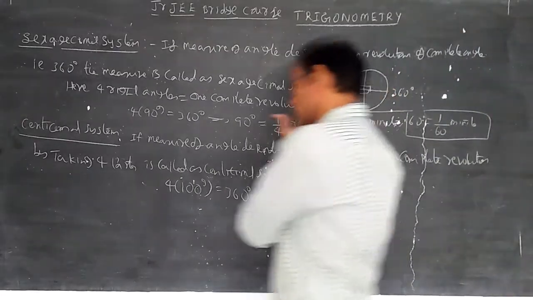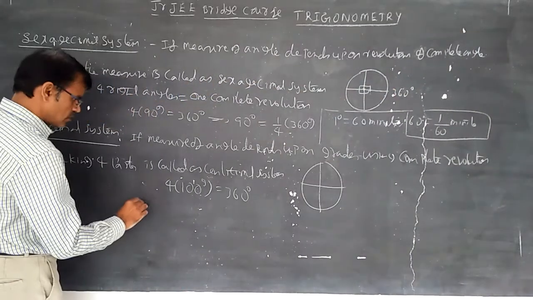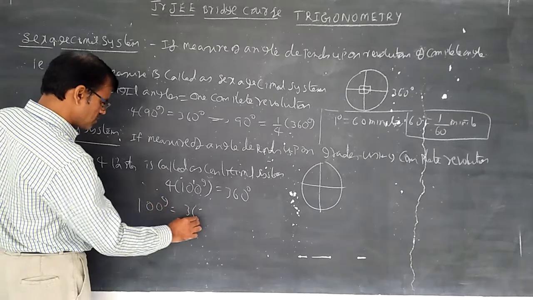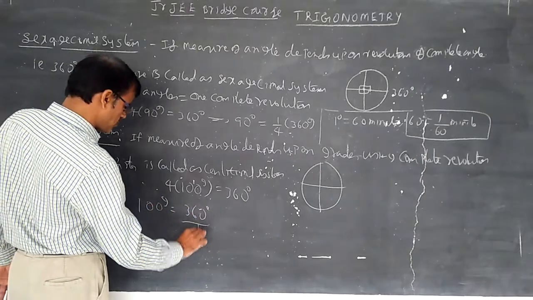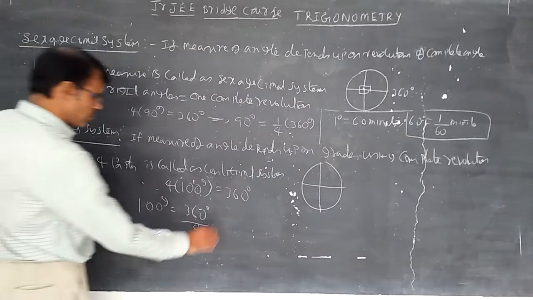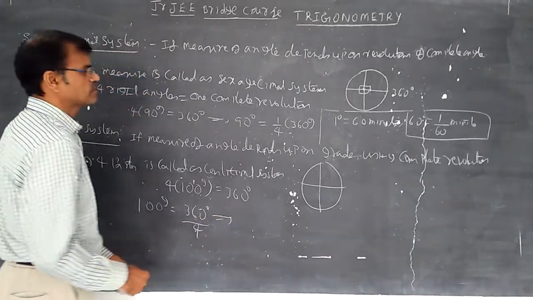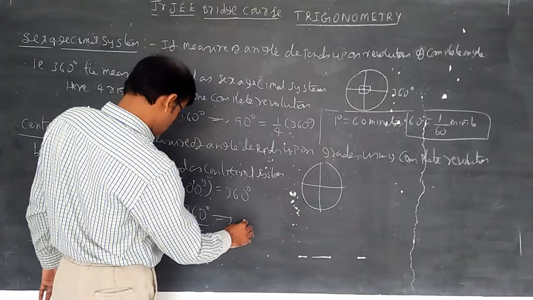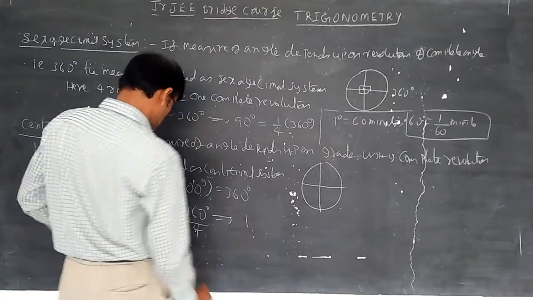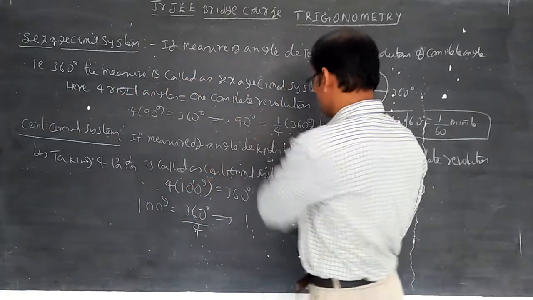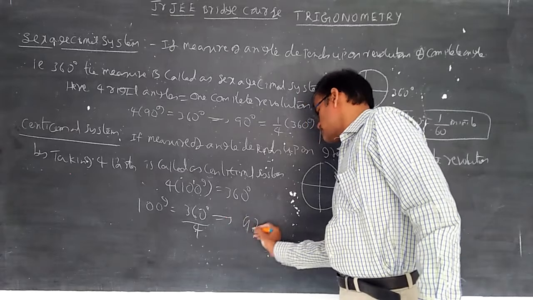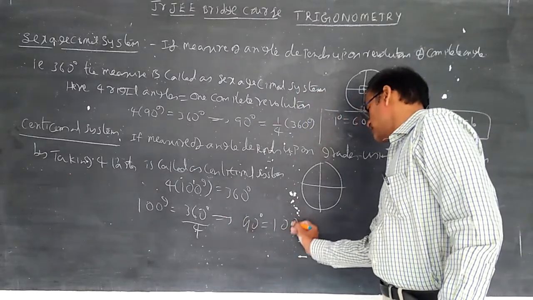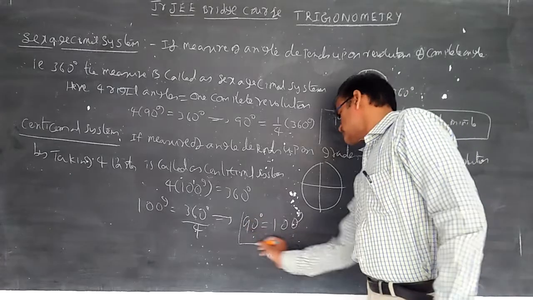Now 4 into 100 grade. Here 100 grade is equal to 360 degrees by 4. So that implies 100 grade is equal to 90 degrees. That implies the conversion: 90 degrees is equal to 100 grades. This is the centesimal system.